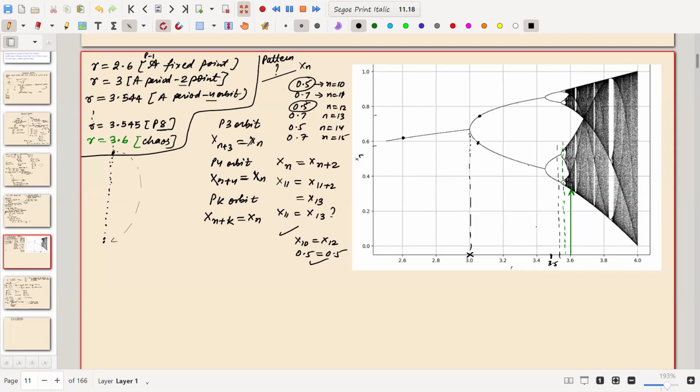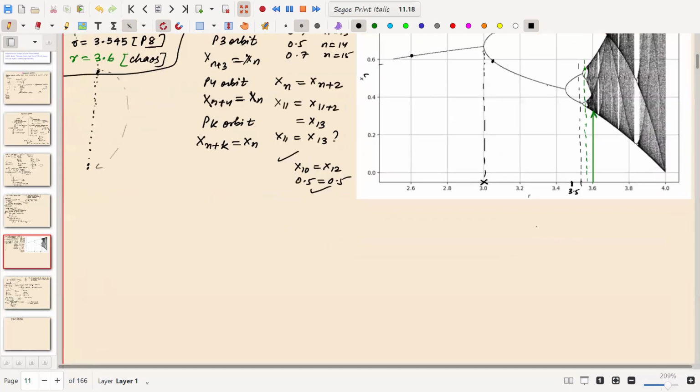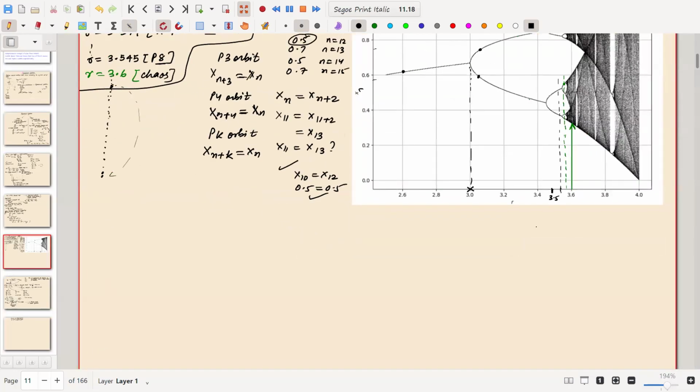Everyone plotted their xn versus r plot, and you came to know how different it was from your imagination. No one could decode that chaos was existing in this system in the first place without a computer-related plot. And second, you cannot discover this novel mechanism of how to obtain a chaotic signal. So you obtain a chaotic signal via this. This is known as the period doubling route to chaos.